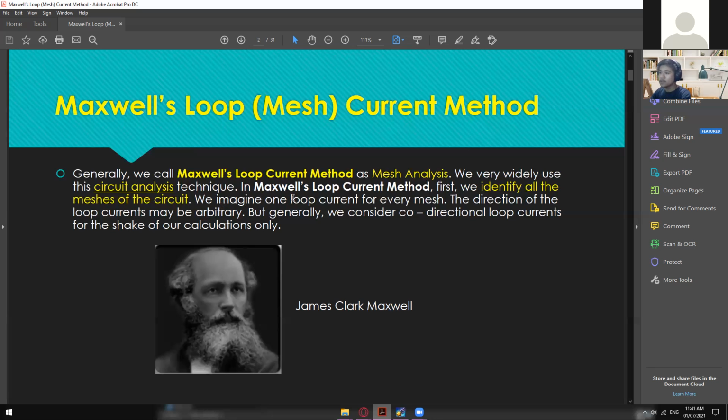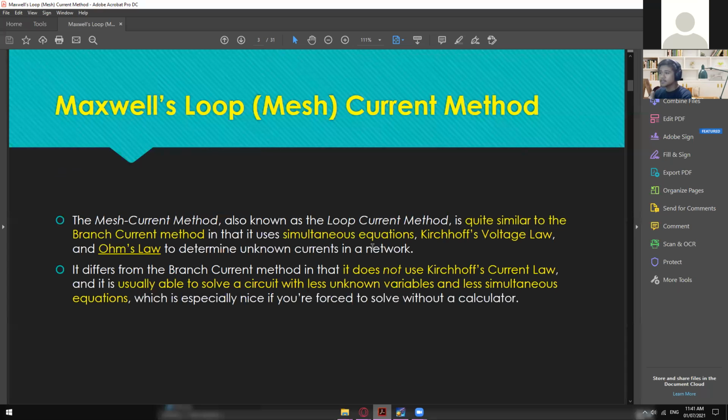So we imagine one loop current for every mesh. The direction of the loop currents may be arbitrary. We could use the conventional or the electron current flow method. But generally, we consider co-directional loop currents for the sake of our calculations only. Okay. So, without further delay, let me tell you guys the difference.